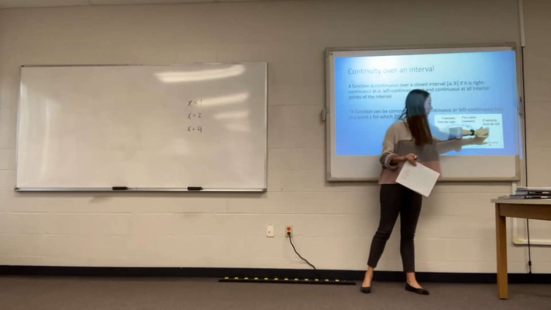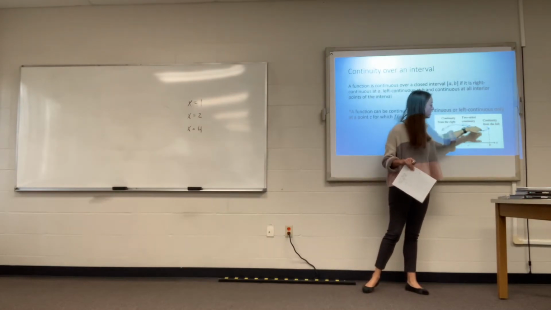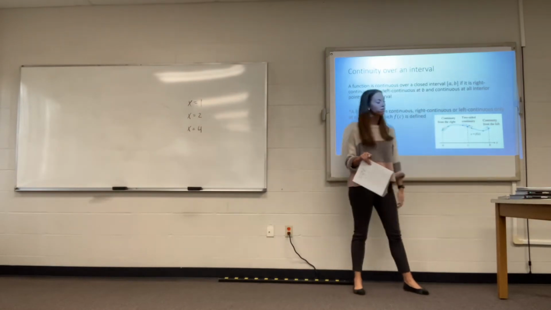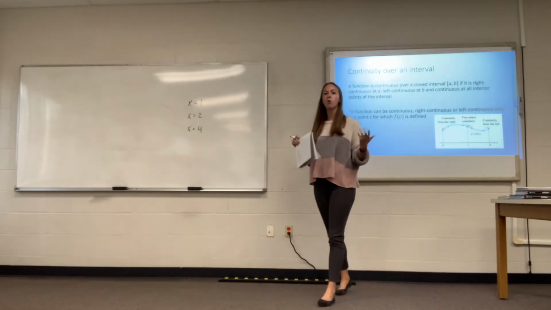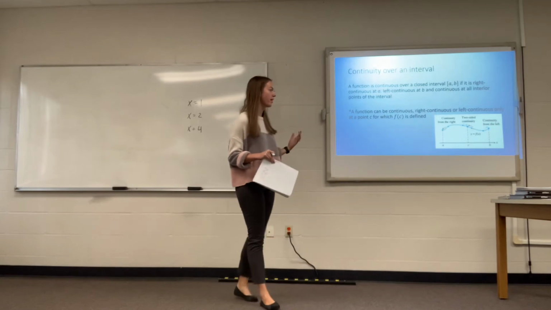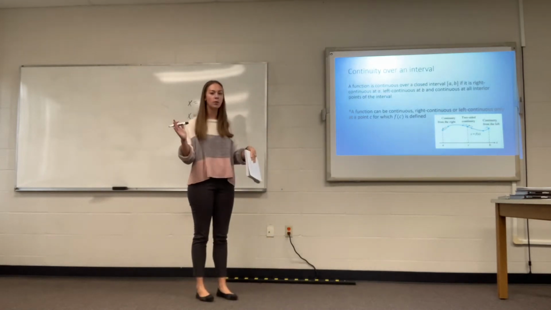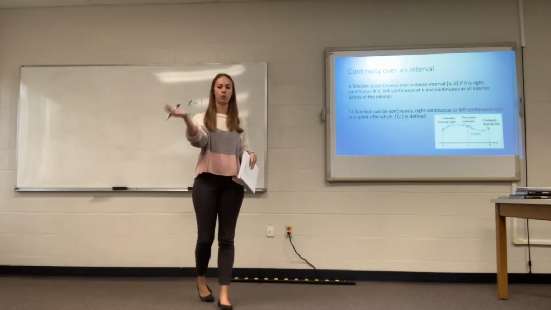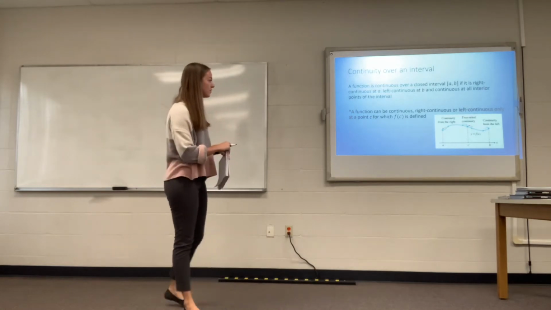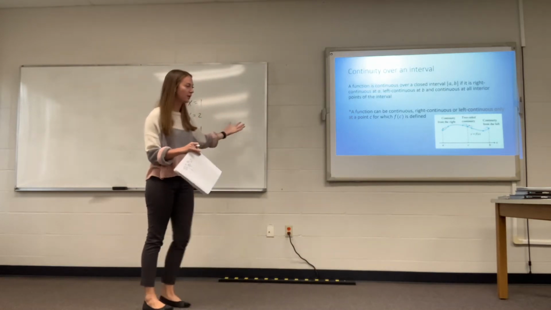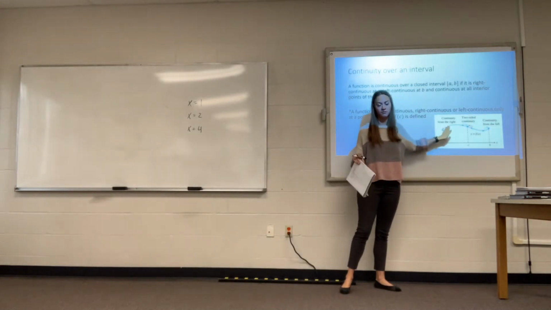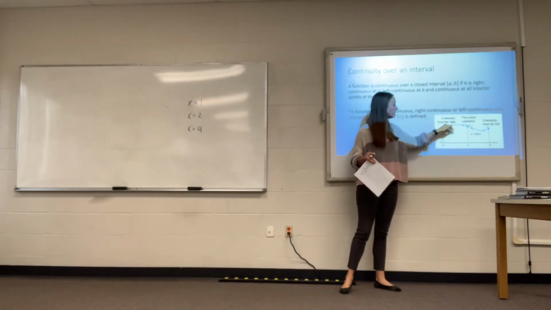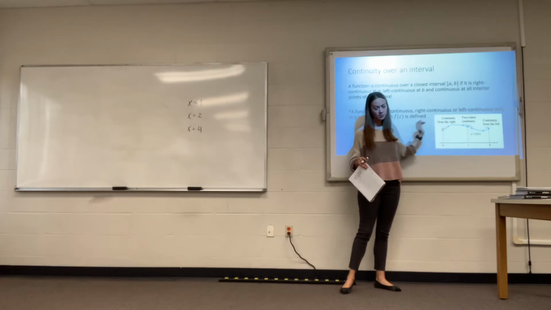And the point on the right, as long as I'm continuous from the left, that means that whole function would be continuous over that interval. Okay, so your endpoints don't have to be continuous from both sides, because obviously if it's on the end, you're not going to have something farther to the left, because this is as far left as it's going to go. So I would only need to be continuous from the right because I don't have anything else on the left.